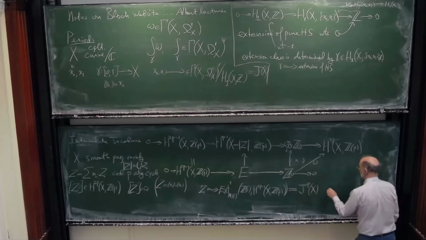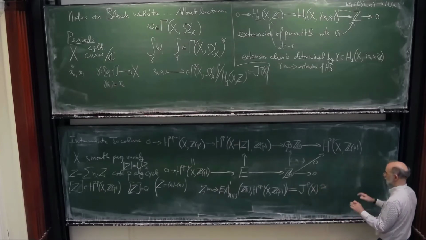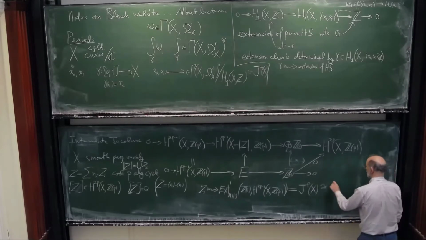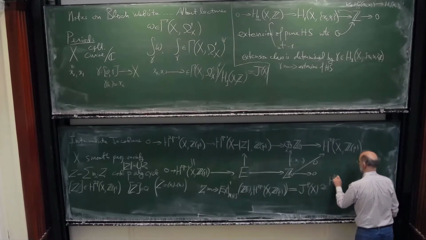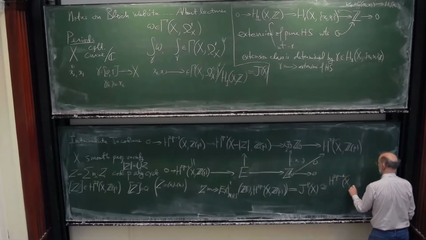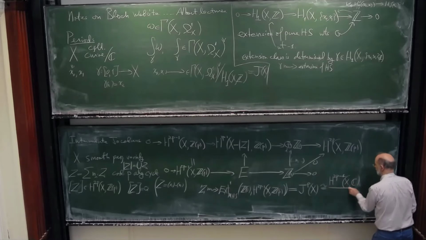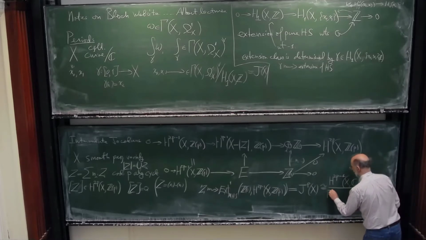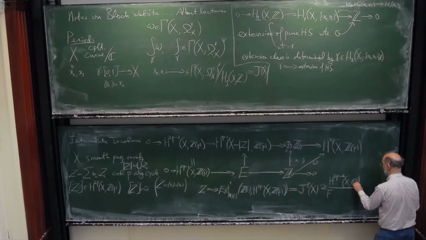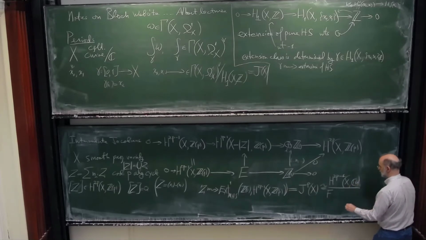It's isomorphic as a torus, let's see if I can get this right, to H^{2p-1} of X, C modulo F. It's cleverer to put the twist of p in here because that changes the Hodge structure.